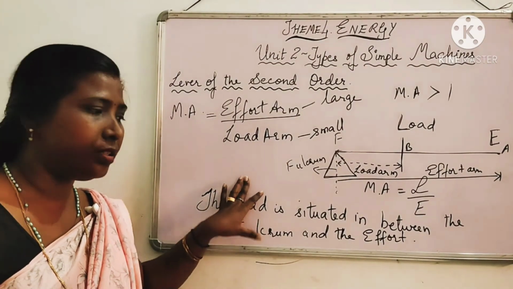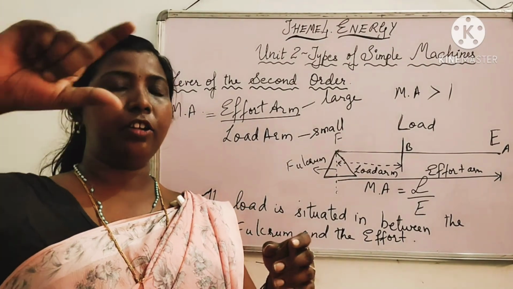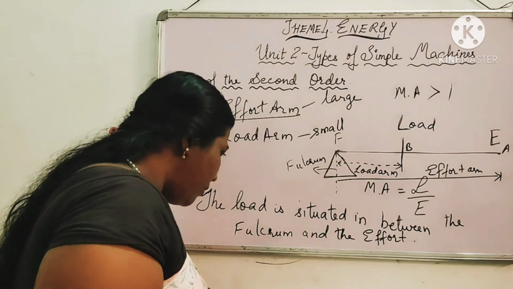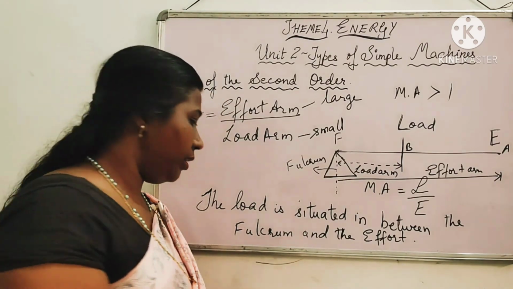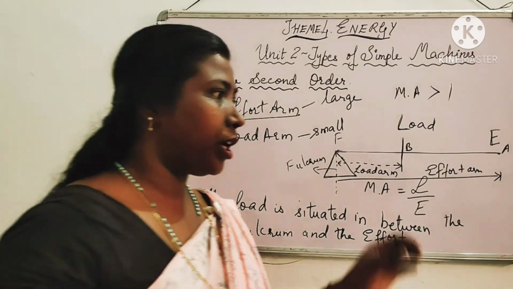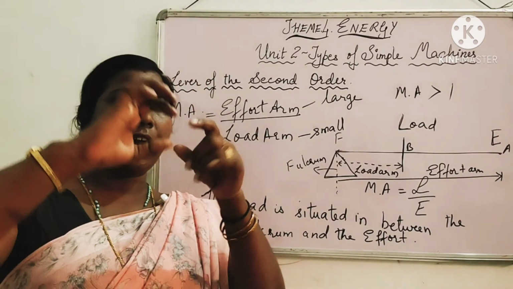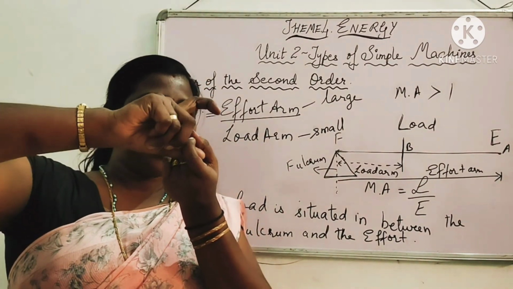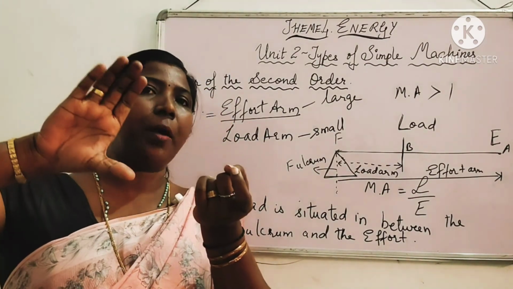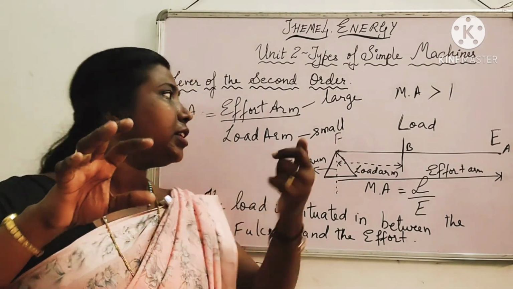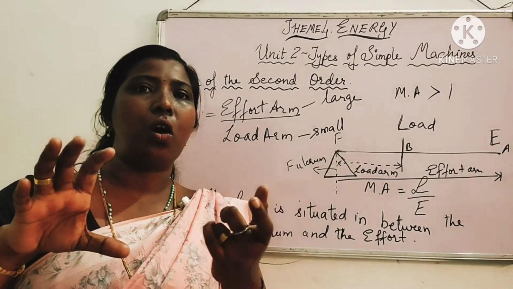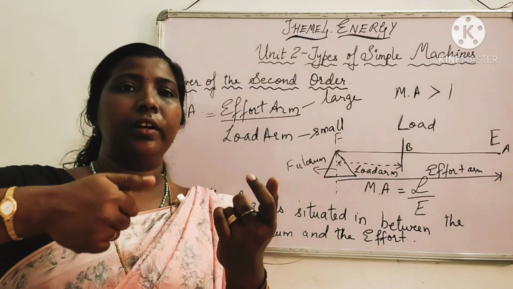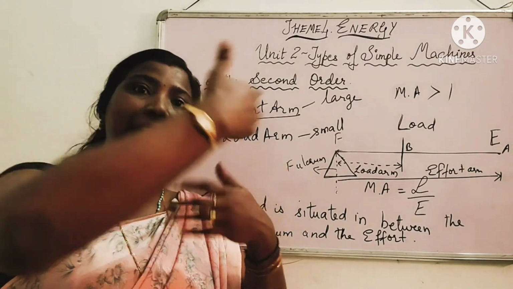Is that clear, students? Take the example of a nutcracker. How is the nutcracker? When we use it, we keep one nut inside, and then we crack it. We are putting in a force, and we are multiplying it. So this second order lever is also called, when we put in an effort, our work is multiplying.